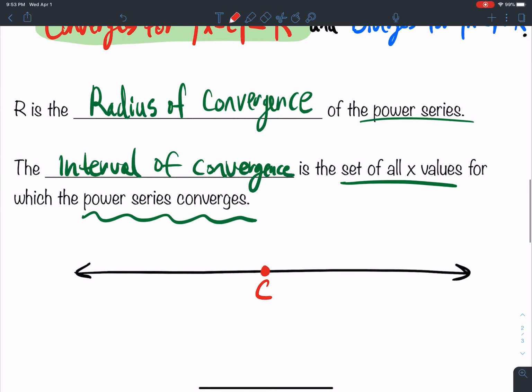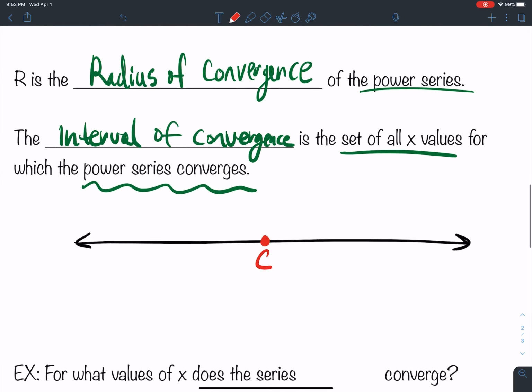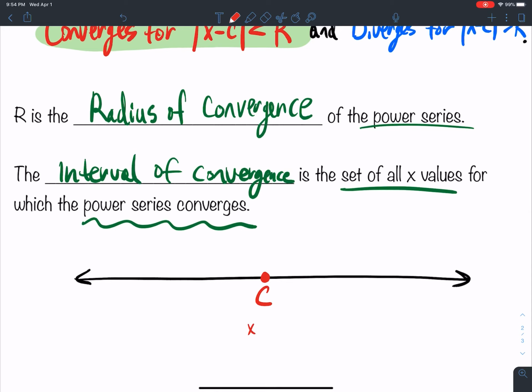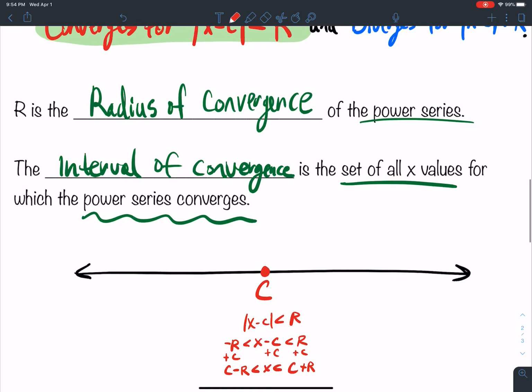So what does that look like? The absolute value of x minus c less than r is negative r less than x minus c less than r, okay? And then if I add c to all parts, these are all x's for which we converge, between c minus r and c plus r, okay?